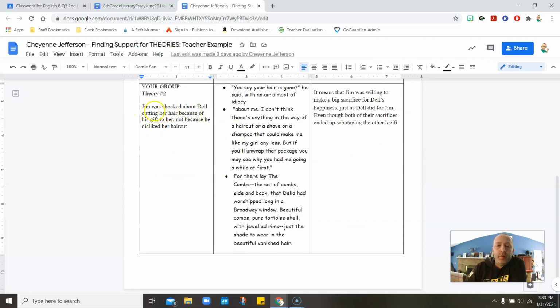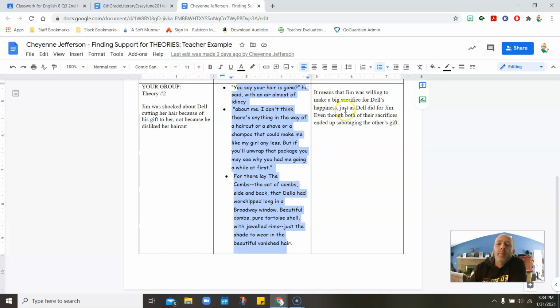So Jim was shocked about Dell cutting off her hair because of his gift to her, not because he disliked her haircut. So Cheyenne's theory is that Jim was shocked because he got her something that she could no longer use. So she found some quotes that kind of go along with that.